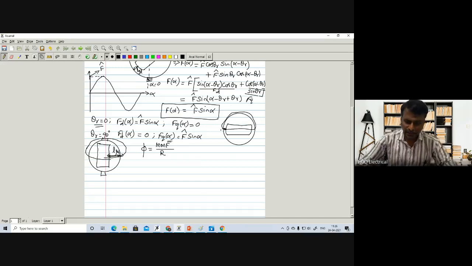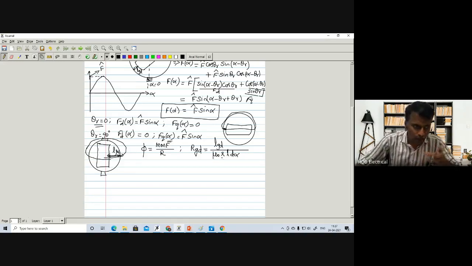In this particular small area, we already know how to find the reluctance. In the previous lecture, I have already explained. The reluctance for the direct axis component is the length of the direct axis air gap divided by mu naught R L d alpha. This is for a small particular area.